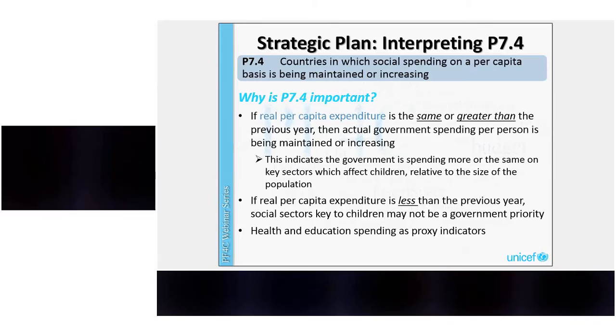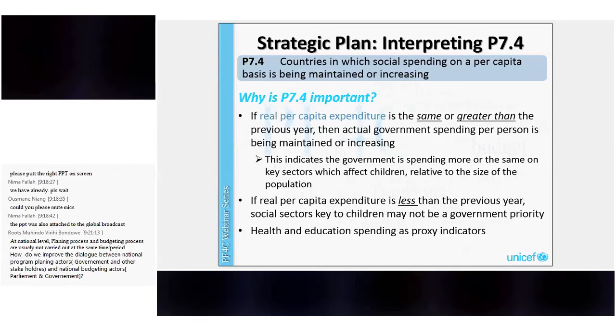So if the amount spent this year per child or per person is less than the previous year, you could argue that possibly these sectors are not government priorities. Of course, there can be other reasons, as I said before, why governments may not be spending more or less. They could have an economic downturn, which decreases the entire size of the budget.